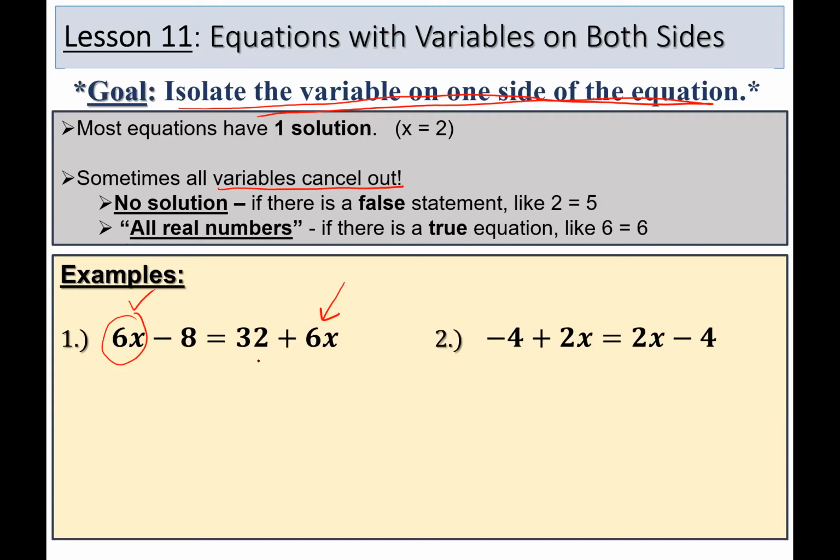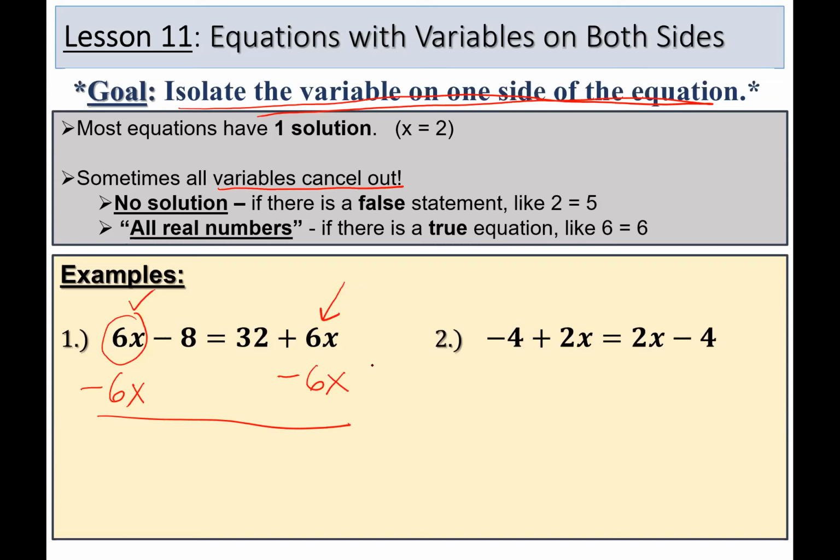So I'm going to take that 6x on the right side, and I'm going to subtract 6x. Now, remember, with equations, if you do an operation on one side, you have to also do it on the other side to keep the equation balanced. So if I'm subtracting 6x on the right side, I should also subtract 6x on the left side. My goal in doing this was to get rid of the 6x on the right side.